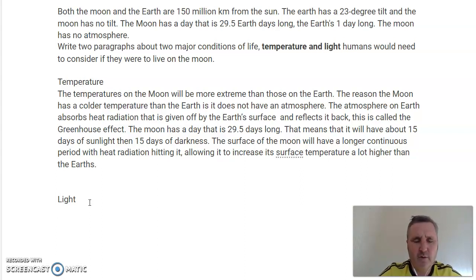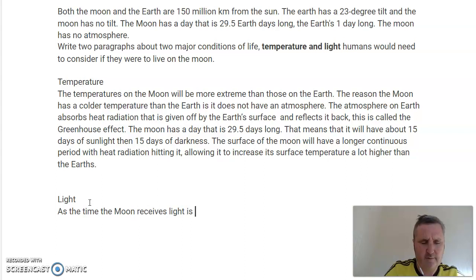So since we've already mentioned how long the day is, I'm just going to say as the day or the time the moon receives light is 14 days.